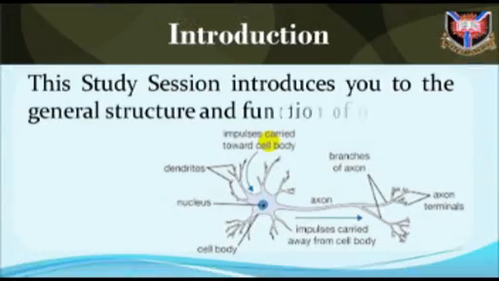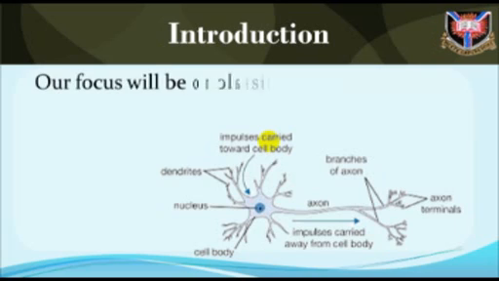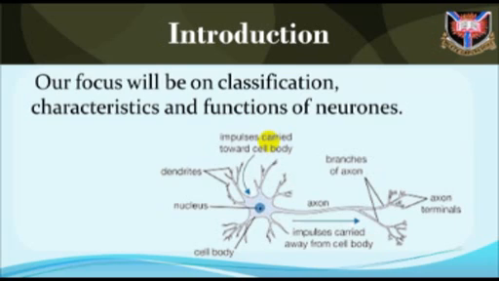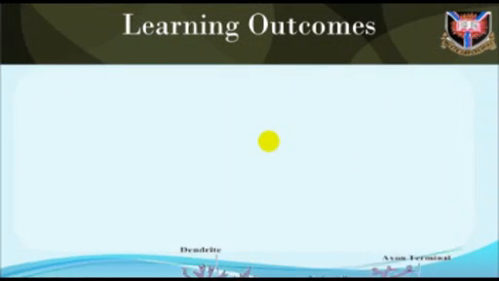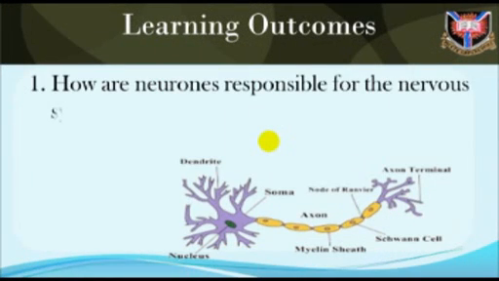This study session introduces you to the general structure and functions of neurons. Our focus will be on classification, characteristics, and functions of neurons. When you have studied this session, you should be able to: 1.